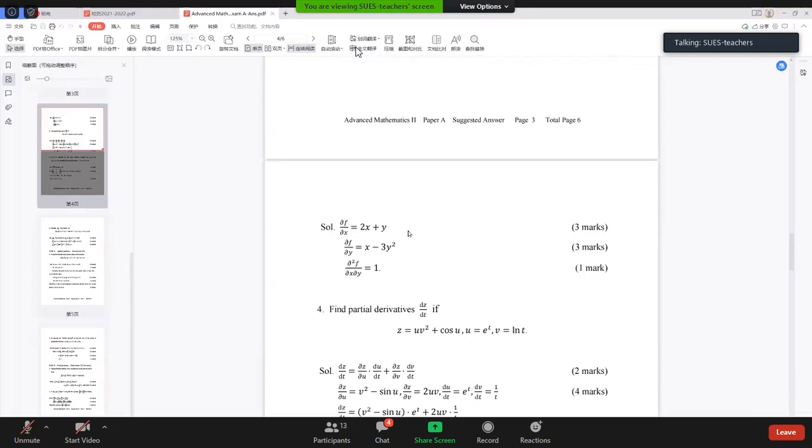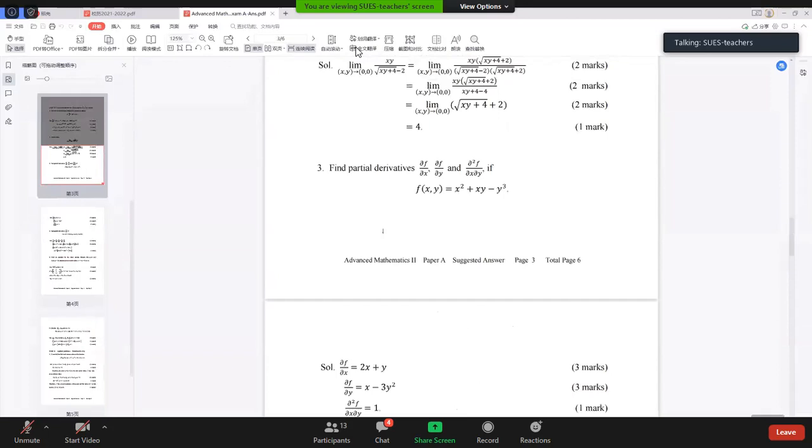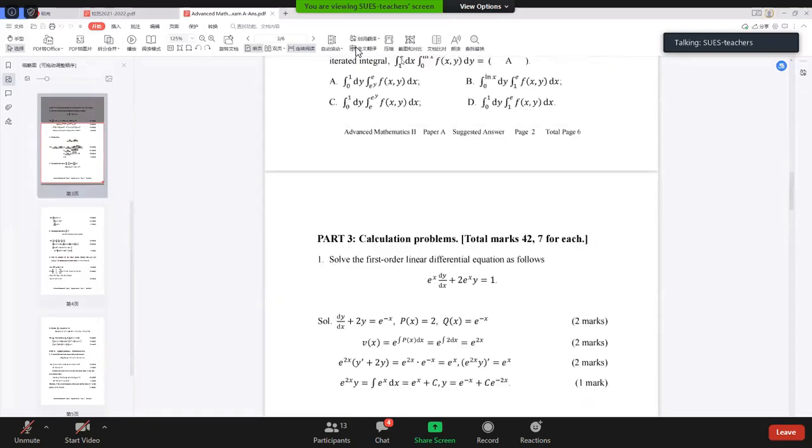You have to keep in mind everything in homework, in-class practice, and in-class examples, and understand them pretty well.